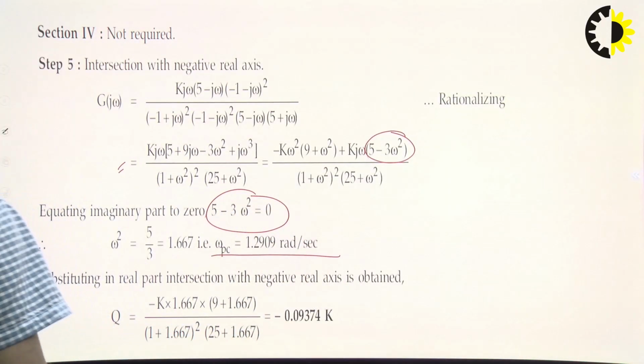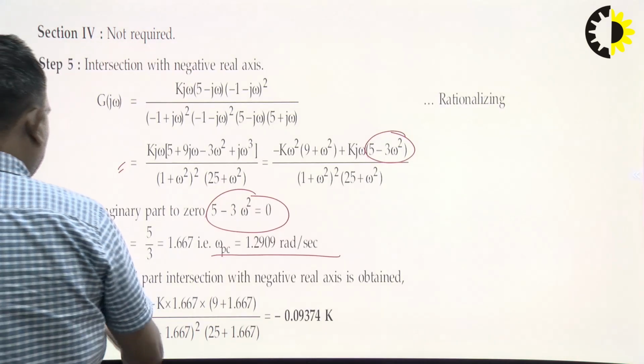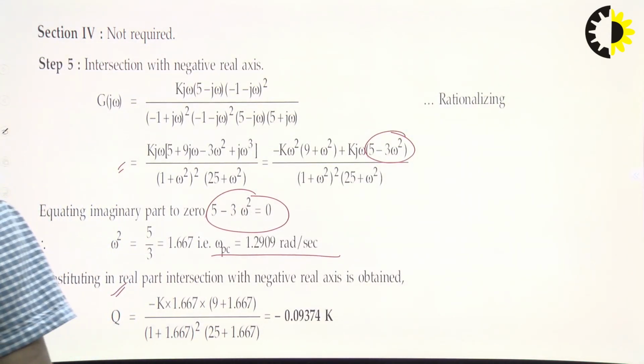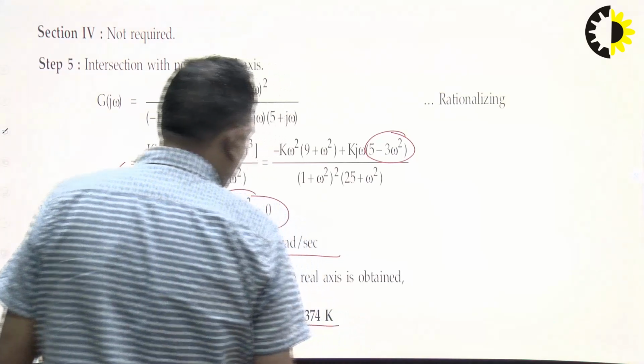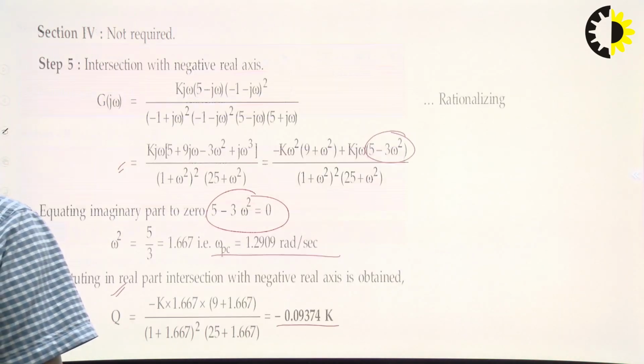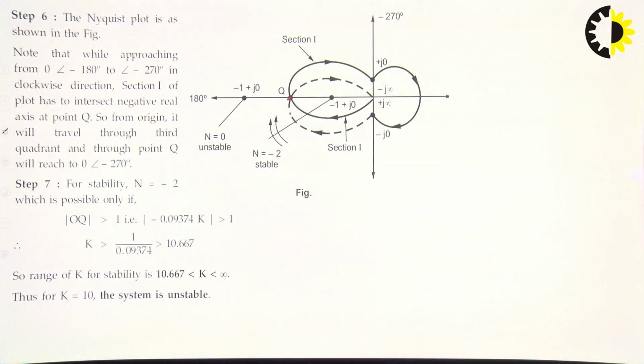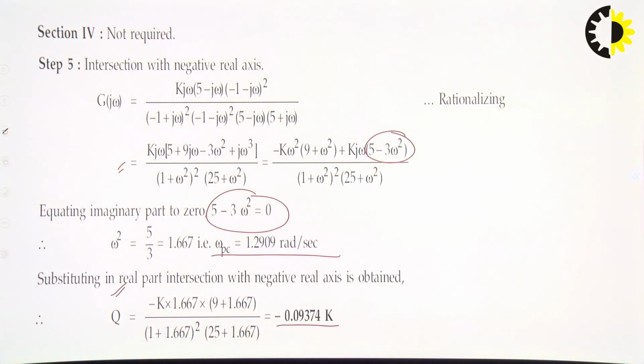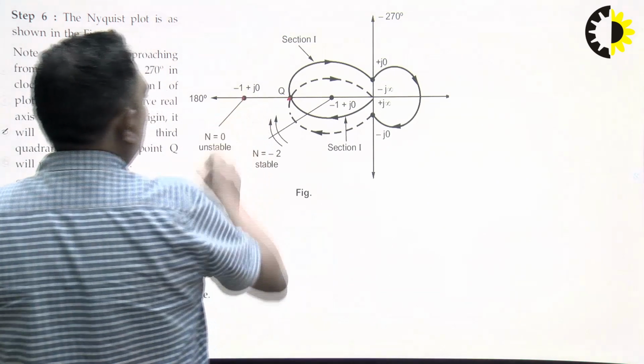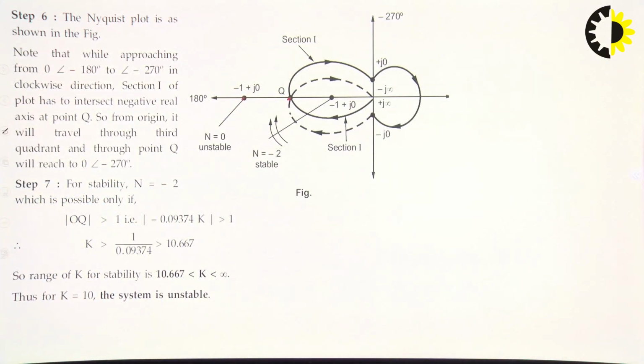When we put in the phase crossover frequency, we get the point at which it cuts the negative real axis. So it is minus 0.09374. Like here you can see this is the point. So you can say this value is less than 1, which means minus 1 plus j0 will be somewhere lying here.